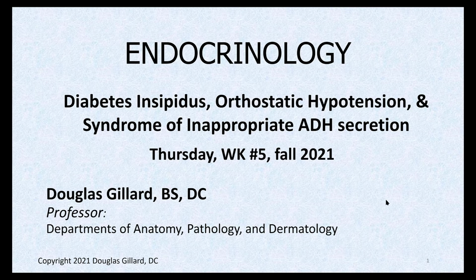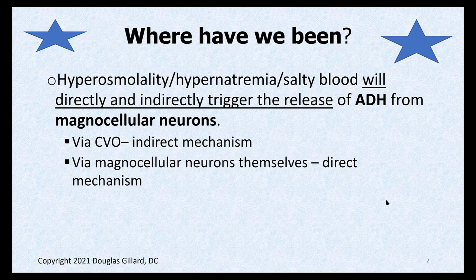So here we go. Where have we been? Last time we talked about hypernatremia, or salty blood as I like to call it, too much sodium versus water in the blood. And we said that that will trigger, both directly and indirectly, the release of antidiuretic hormone from our friends the magnocellular neurons.